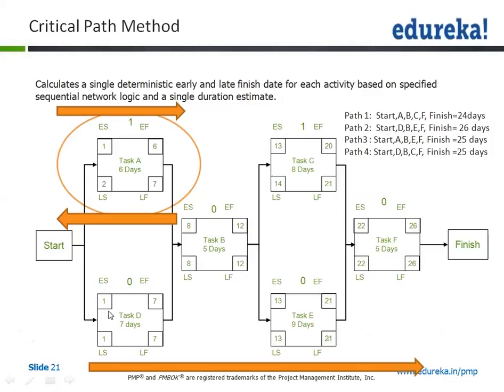Because that is the first activity in the critical path. So we start filling up the forward pass with the first activity in this network diagram, which is task D. Since this task is going to take 7 days, I have written 1 here and 7 this side.